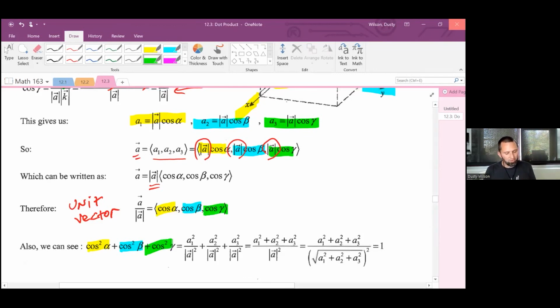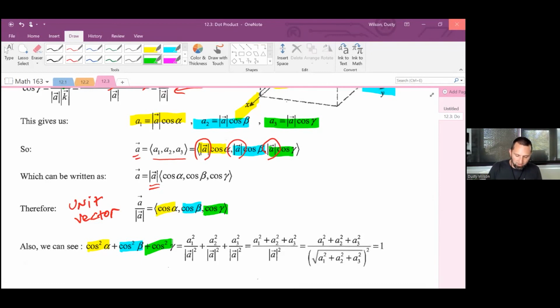Now remember, this is a unit vector. And so since it's a unit vector, we can work through all this algebra. You can think about it as A1 squared over the magnitude of A squared plus A2 squared over the magnitude of A squared plus A3 squared over the magnitude of A squared. Combine the like terms. You could write out everything in terms of radicals and squares.